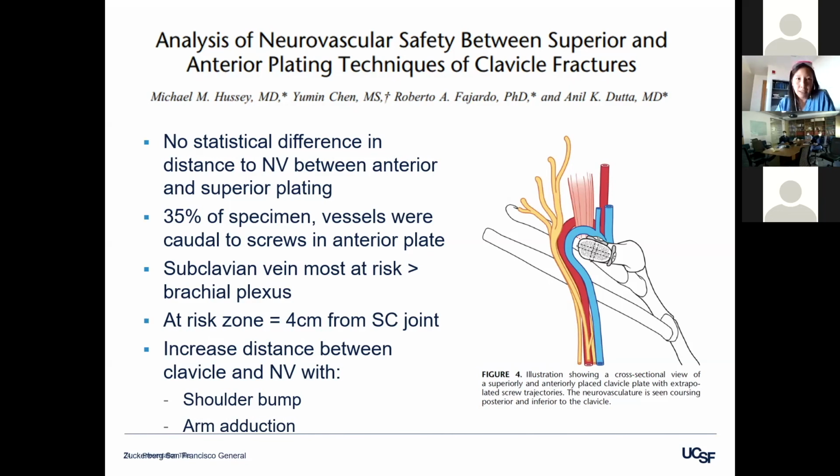Based on that, their paper essentially concluded that anterior plating is maybe safer with regards to the neurovascular structures than superior plating. I mean, that's maybe a stretch, but something to consider.